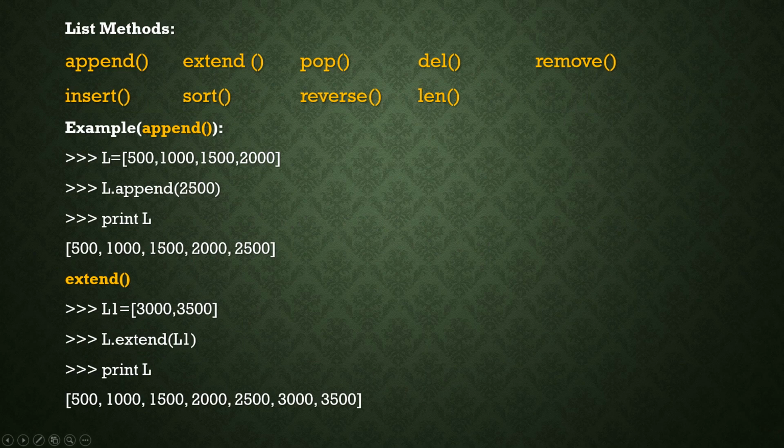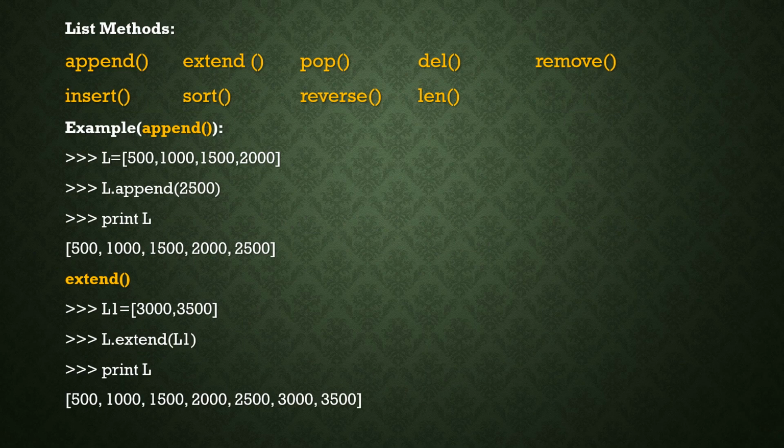Next, extend. The extend method is also similar to append, whereas append uses only one element, the extend method is used to add more than one element, or we can use another list to append using extend.